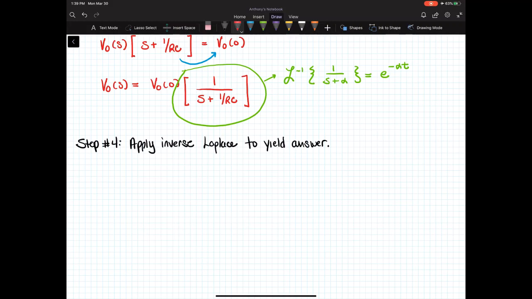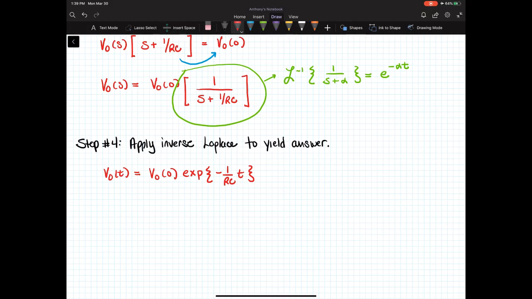So if we apply our inverse Laplace transform to everything up above, what we will end up with is VO of t is equal to the initial condition VO of 0 times e to the, which I can also write as exp, minus 1 over RC times t. And that is the same answer that we showed a second ago on the PowerPoint.